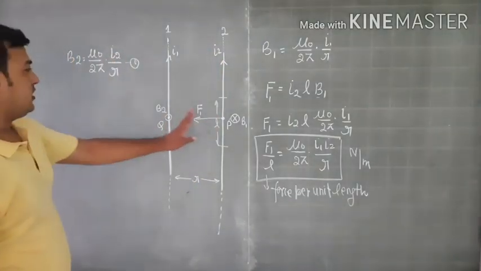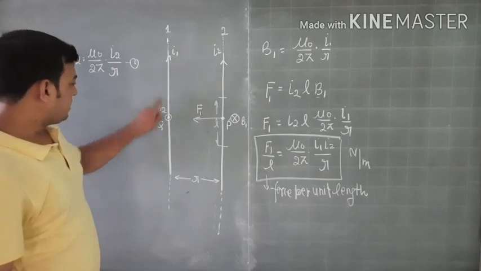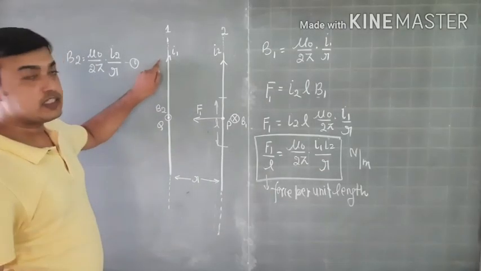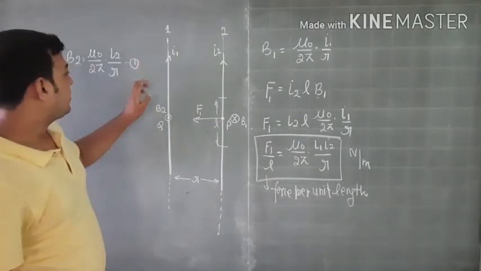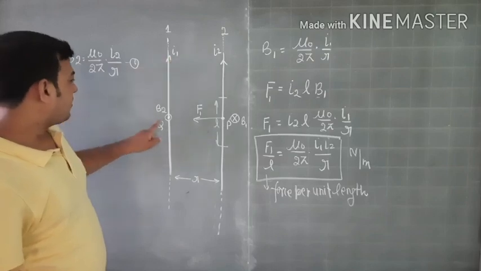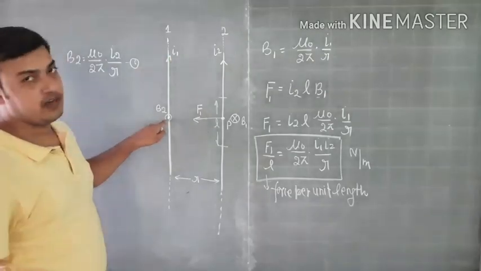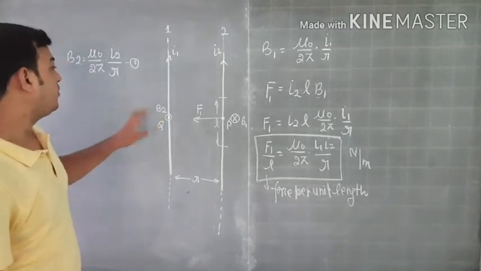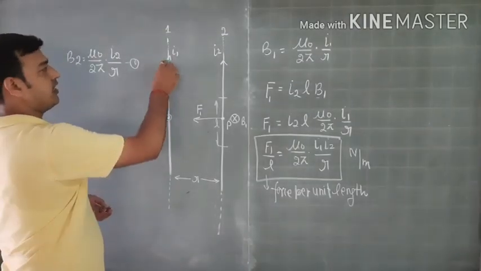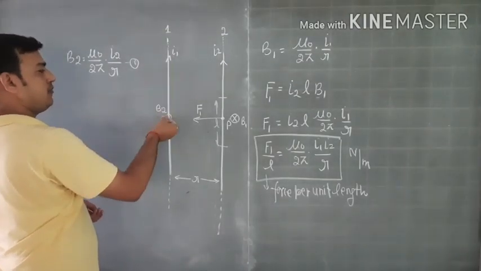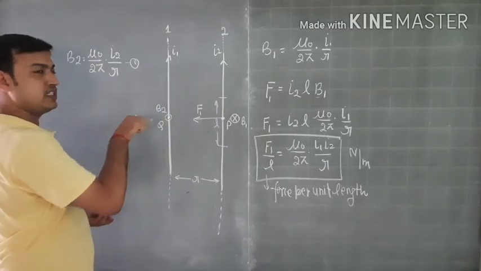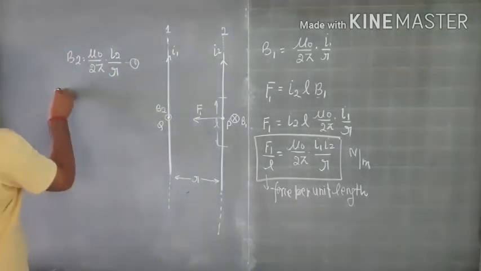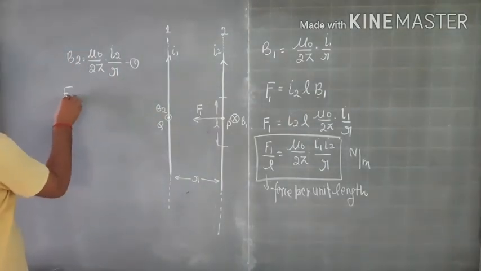Now, since magnetic field B2 is here and the wire is placed with the current I1, when a current carrying wire is placed in a magnetic field, it will experience a force, I told you, and just check the directions. Current is upward, magnetic field is outward, so the angle is 90 and the force will be maximum, and let this force be F2.